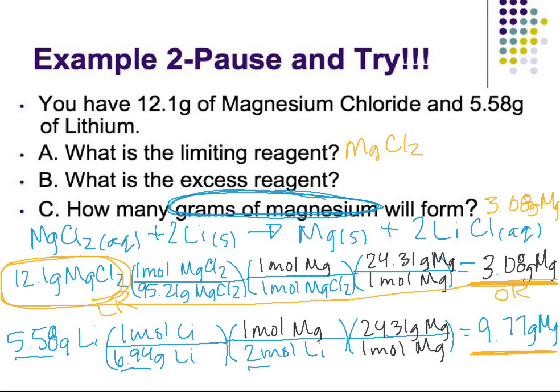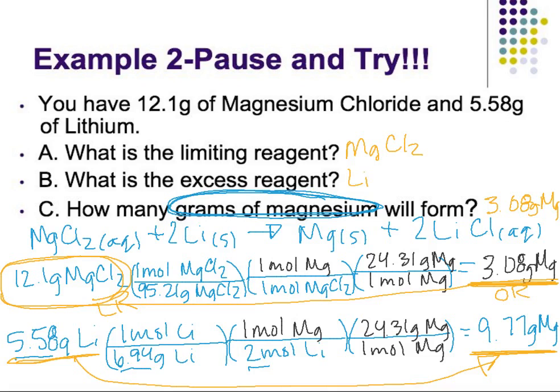We will have excess, leftover lithium, because really we could make 9.77 grams of magnesium with our 5.58 grams of lithium. We can't really make 9.77 grams though, because once we've made 3.08 grams, we run out of the other reactant. We can't keep going once we run out of the other reactant, so we're going to have leftover lithium.